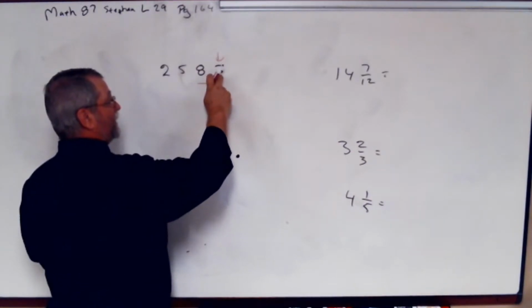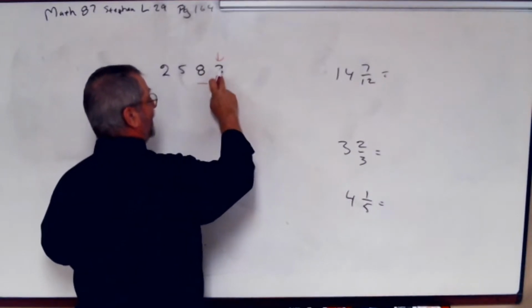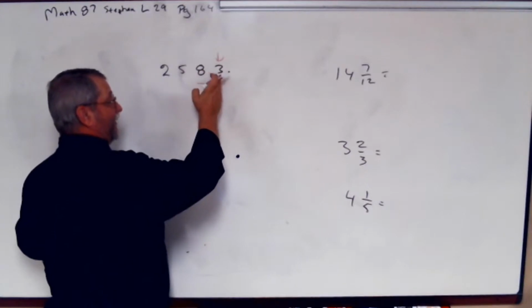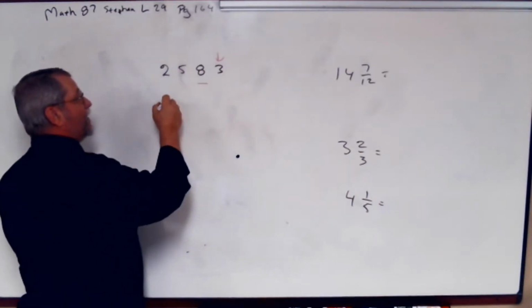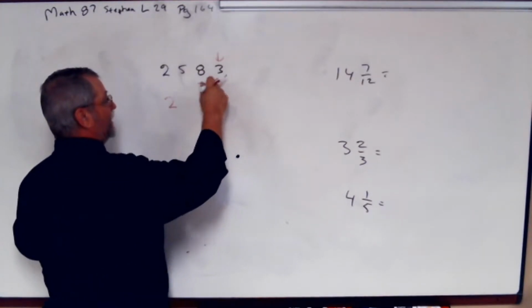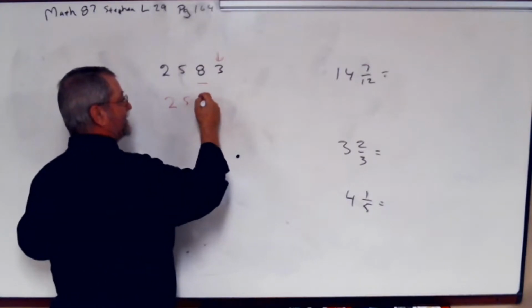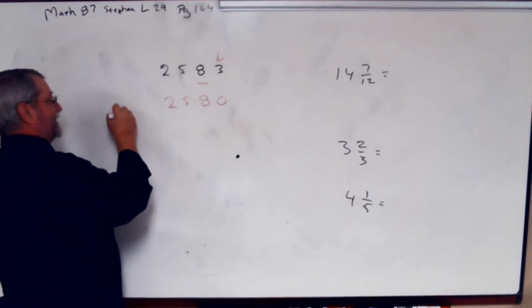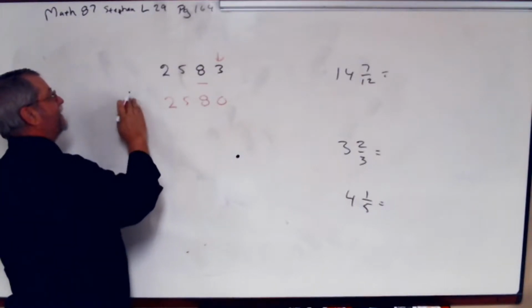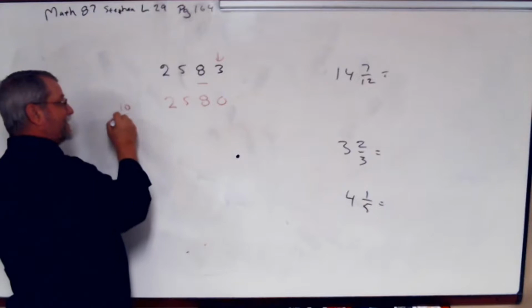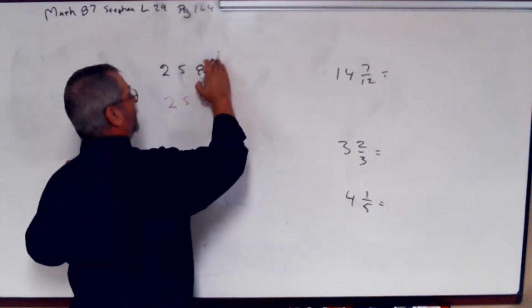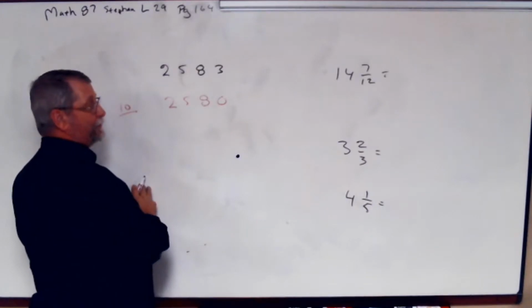If this number here is 4 or less, this number stays the same, and this turns to 0. Because that number is a 3, this number stays the same, and that becomes a 0. Rounded to the tens place. Okay, this is to the tens place right here.